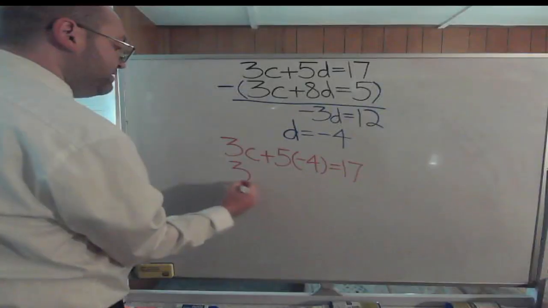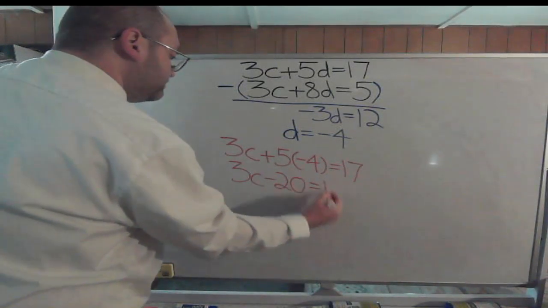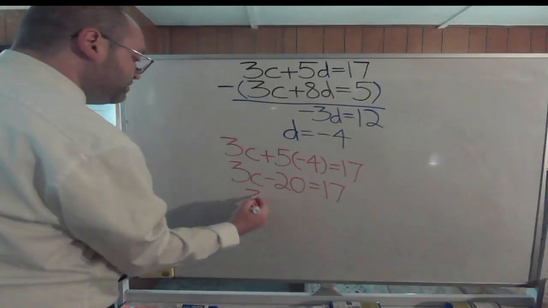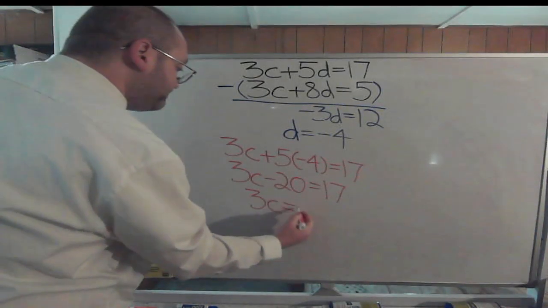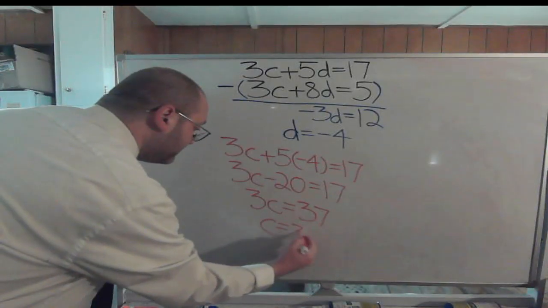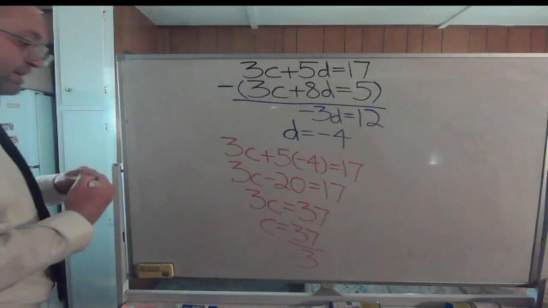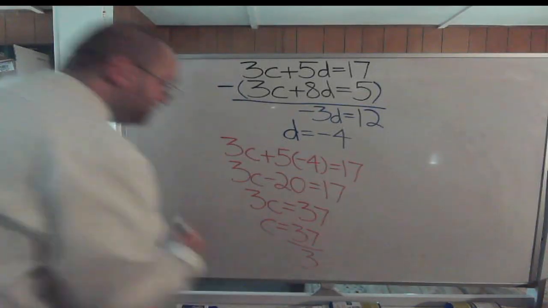Which means you'll have 3c minus 20 equals 17, which would give you 3c equals 37, that means c would equal 37 thirds. So the c coordinate is 37 thirds.